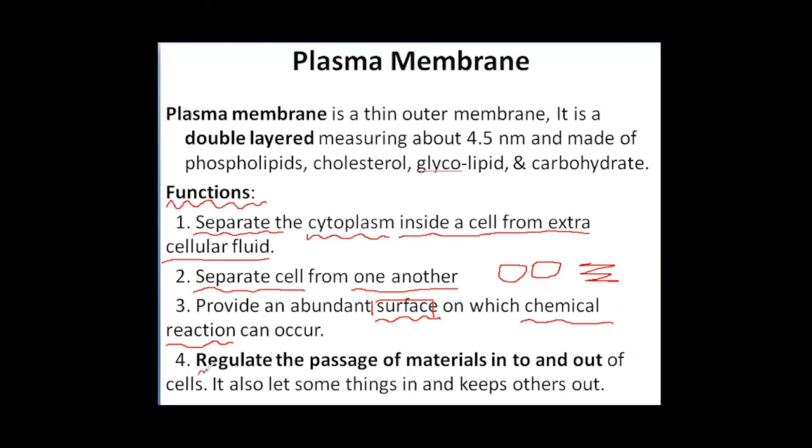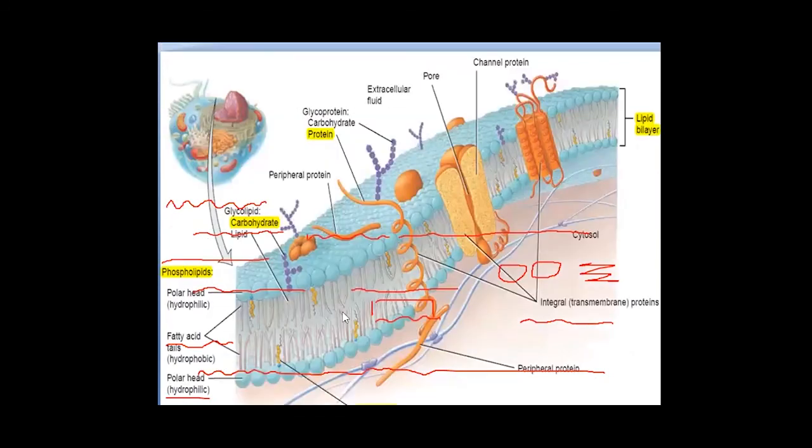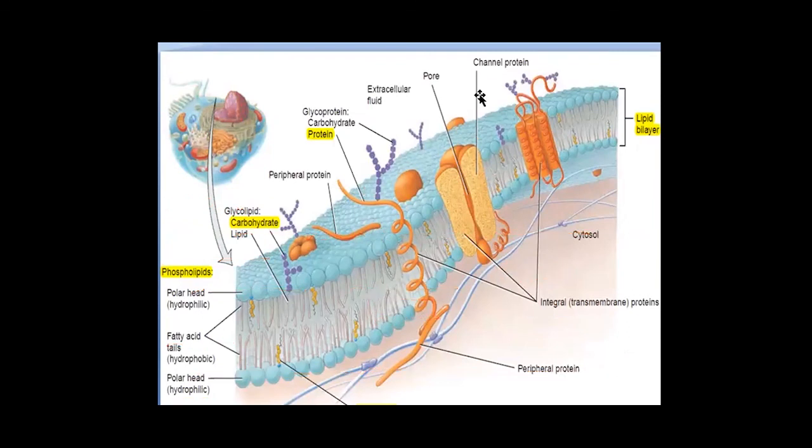And also regulating the passage of material into and out of the cells. Just like if we are in a home, we can allow some people to come in, and we can kick out someone. So that's another important function.